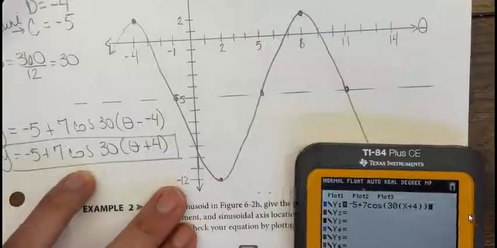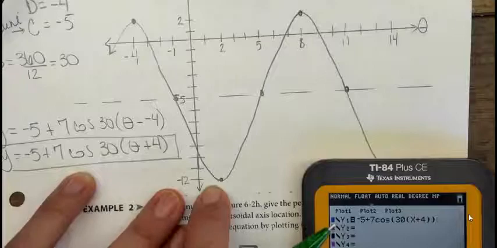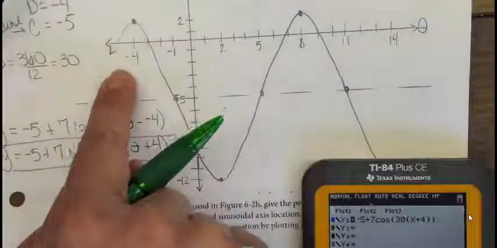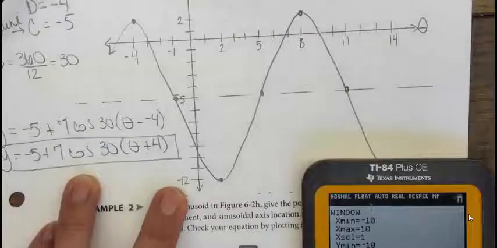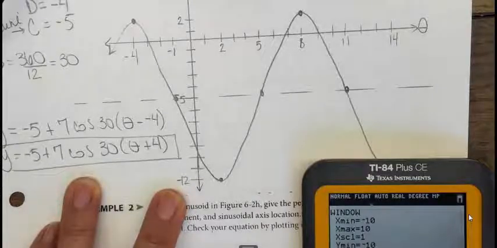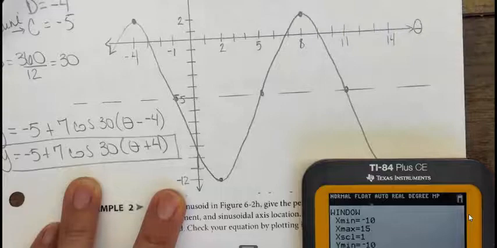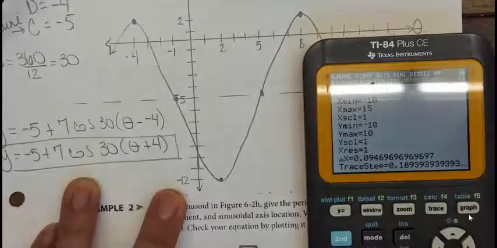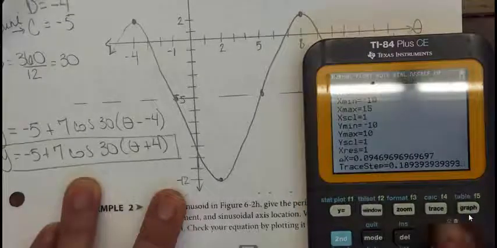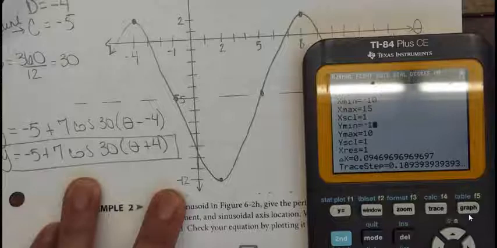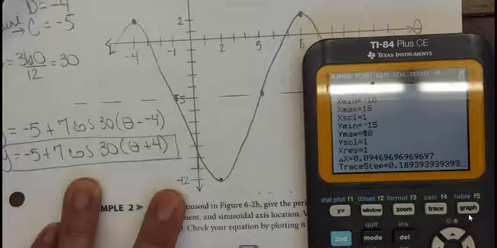Making sure that my window is appropriate. I want to go down to -12, up to +2, -4, maybe to 14. So my window, sure, how about X max is 15. I think my Y minimum should be less than -10. So let's go, how about -15? I don't really need a Y max of 10. So let's just go up to 5.